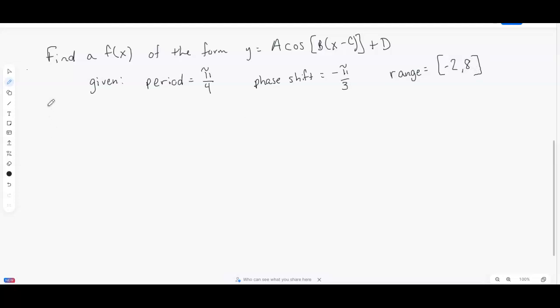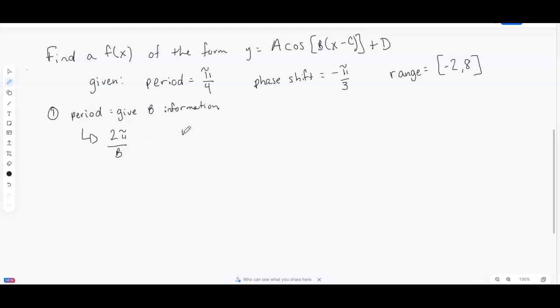Okay, so first we're going to look at the period, right? So the period is going to give us our B information. Remember that to find your period, it's 2 pi over B, right?